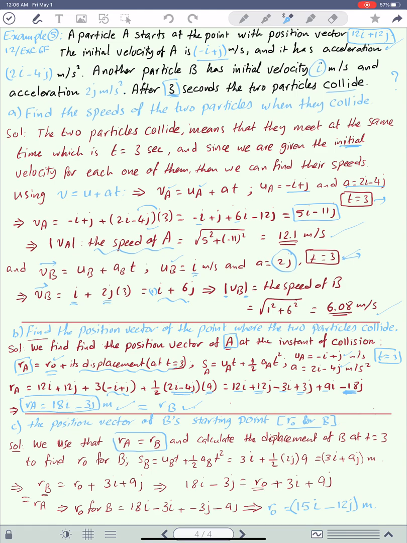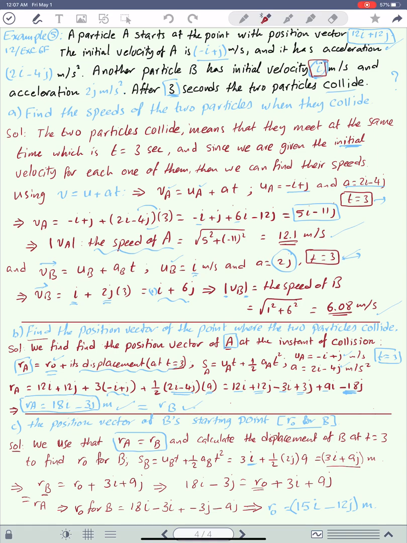Since we know UB is 3i meters per second from the question, plus half a, which is 2j in the question, times 3 squared, which is 9, you will get 3i plus 9j meters. This is the displacement after 3 seconds of particle B.